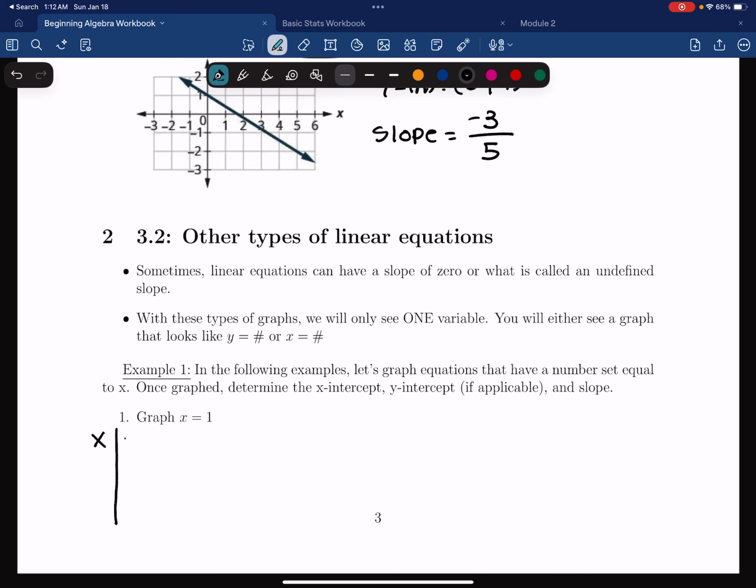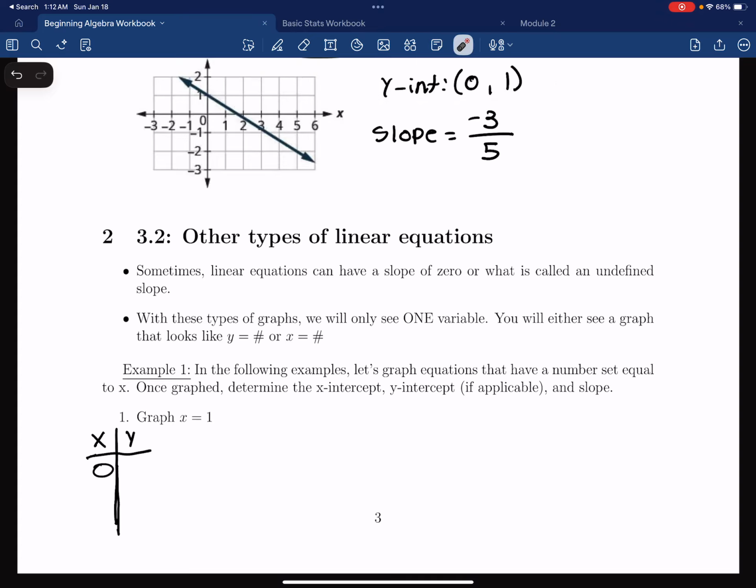You create an XY chart. This means that you plug in values of x, and then you see what you get out for your y value. So in this case, let's plug in the value 0 for x. Let's see what happens.